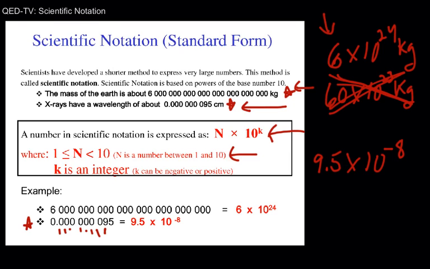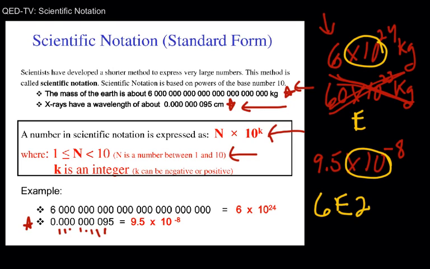Now in my classes, instead of the times 10 part, we're going to write the letter E. So the mass of the Earth we could write, like in an E-lab, 6E24 kilograms.